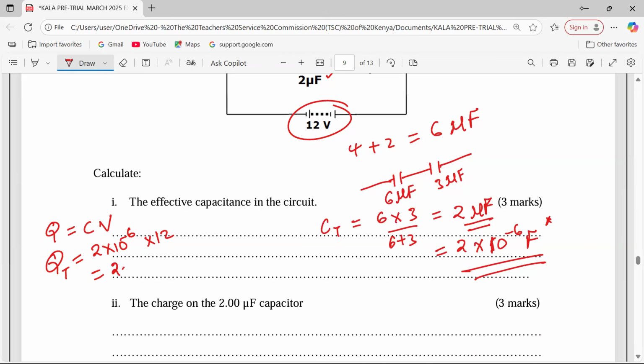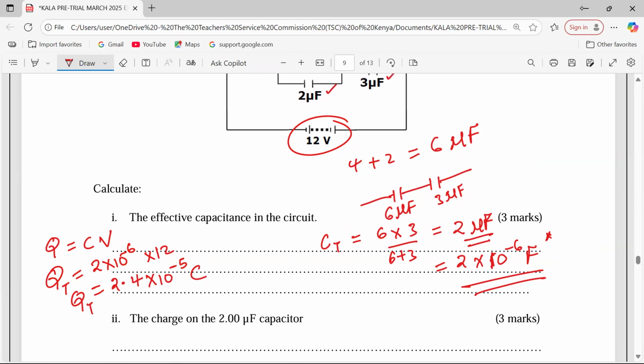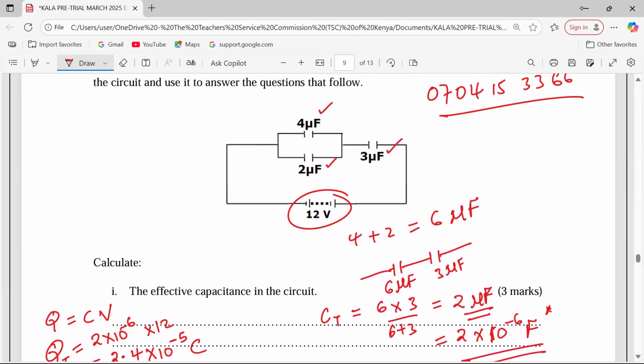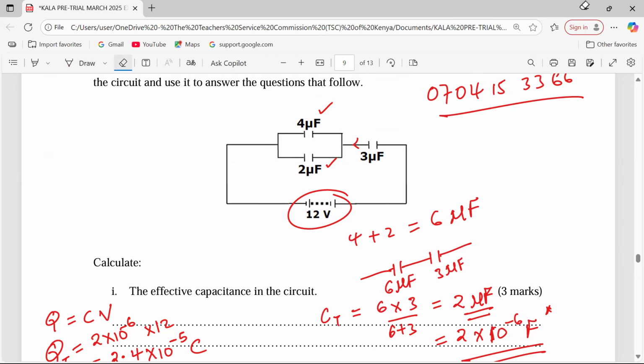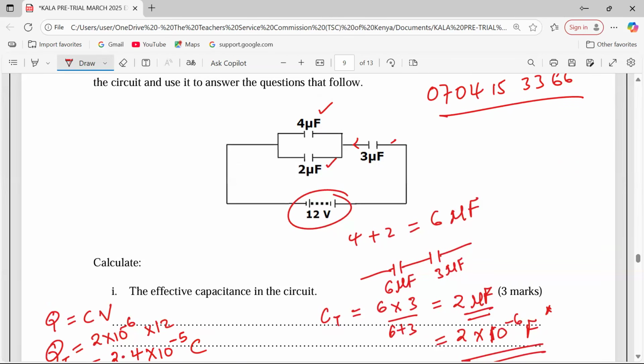So it's 2.4 times 10 to the power negative 5 coulombs. That is the total charge. So the total charge flows through the 3 microfarad capacitor.